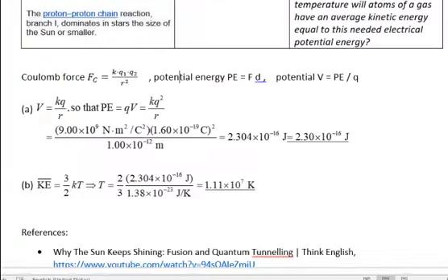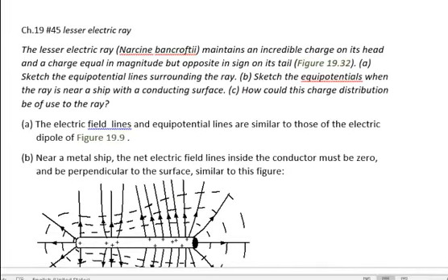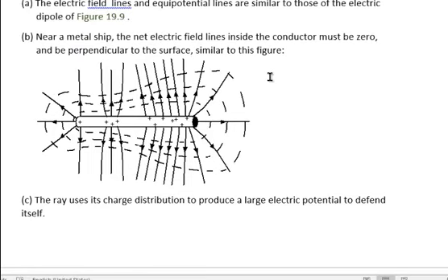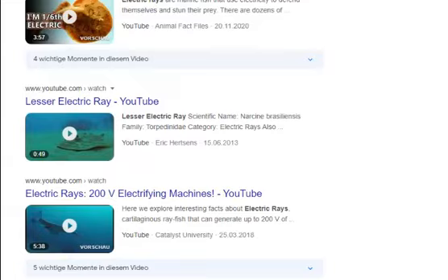All right, and then I just have this one here for the lesser electric ray, and I think I just have you look at it right here. This one will be available as well for the homework. And so this particular problem I get done in 20 seconds. Well, of course I always take a little longer, right? So let's see what I look up here. So here's the electric ray.